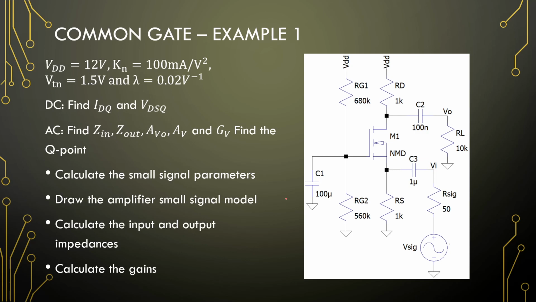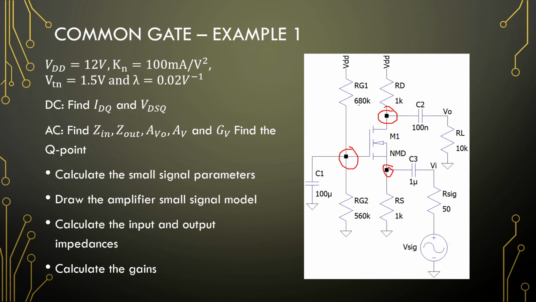Let's have a look at the common gate next. Okay, so input is here on the source, the output is on the drain. So, common gate. Right, so for small signal applications, these two resistors will be bypassed with these capacitors.